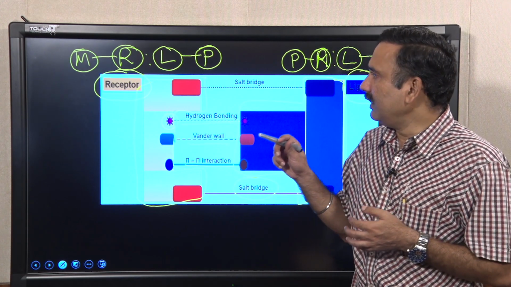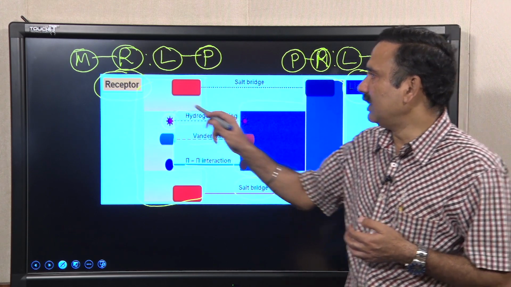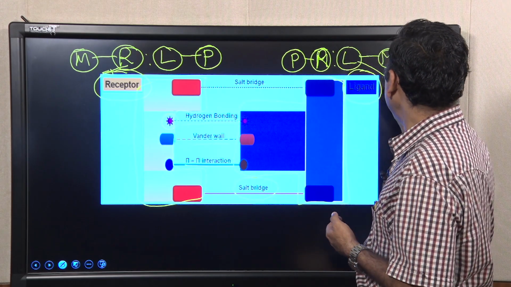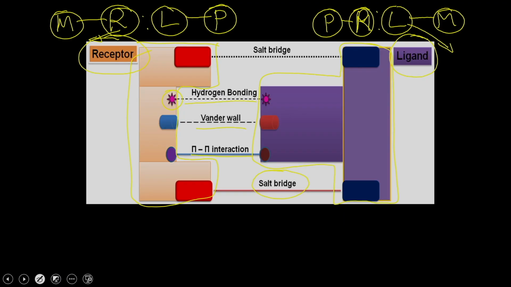So, in many cases whether you use the receptor or the ligand depends on these parameters. In a few cases you are going to couple the ligand, or in a few cases you are going to couple the receptor to the matrix.